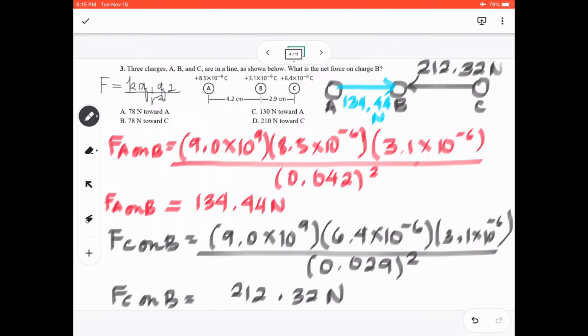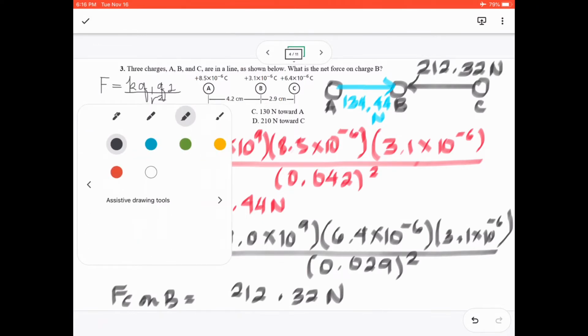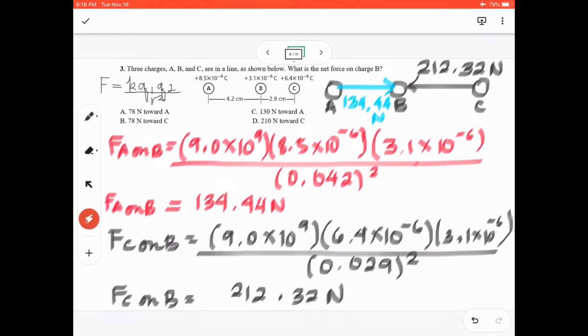It means that in this case, the charge C is pushing B towards this side with a force of 212.32 newtons, whereas A is pushing B towards the right with a force of 134.44 newtons. So obviously we know that this is greater than this value.